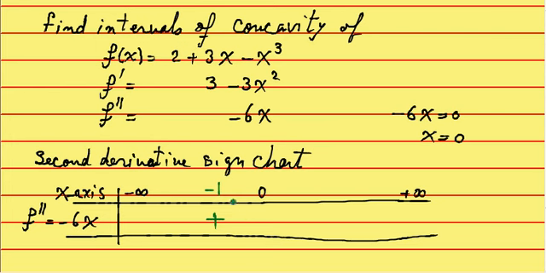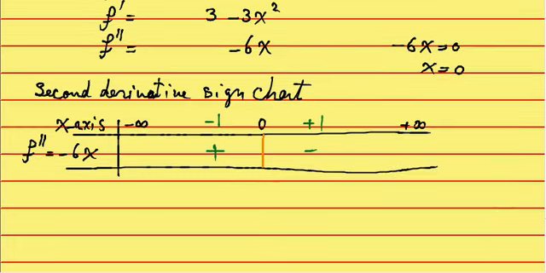It's always positive. Pick a test point on this side, plus 1. You plug it here, obviously you get minus. What this says is that for any number between 0 and plus infinity, the sign of the second derivative is going to be negative. We are going to separate these two into two cells.